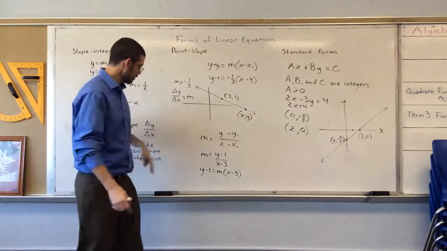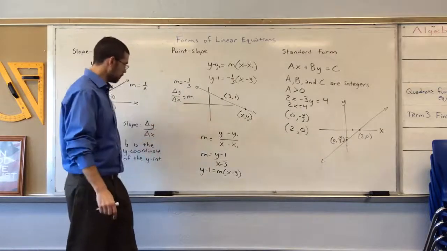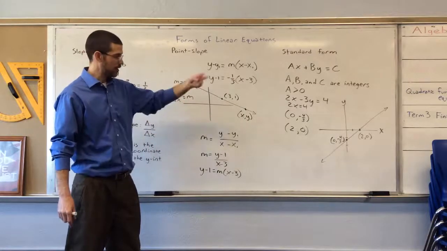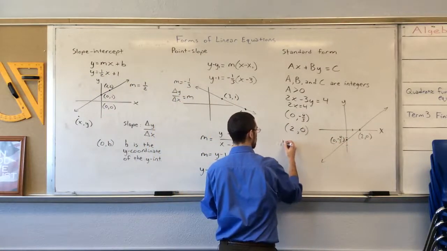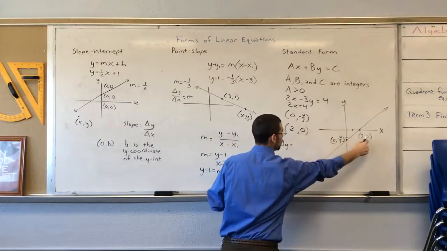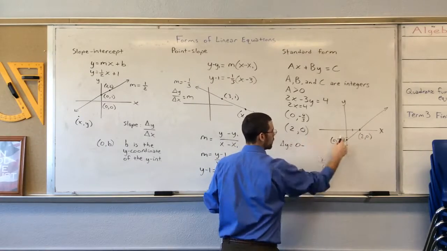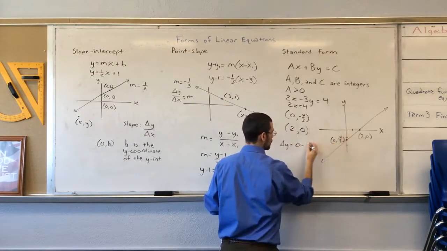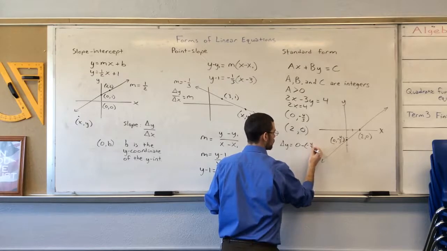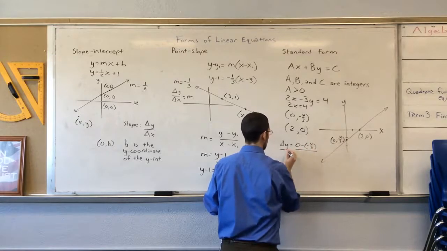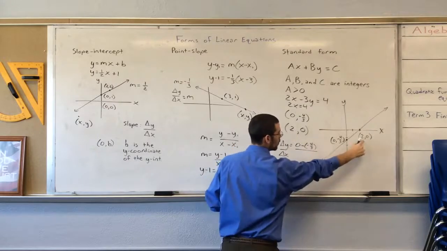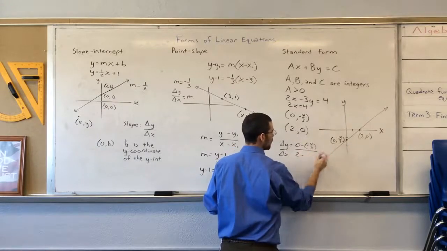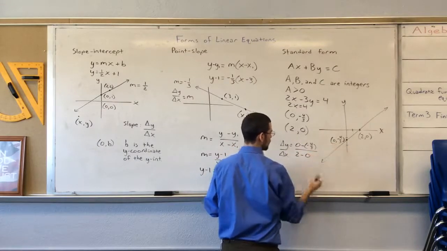The slope is the change in y, y2 minus y1, that's 0. So change in y equals 0, minus this one, negative 4 thirds. And then the change in x in our denominator is 2 minus 0.